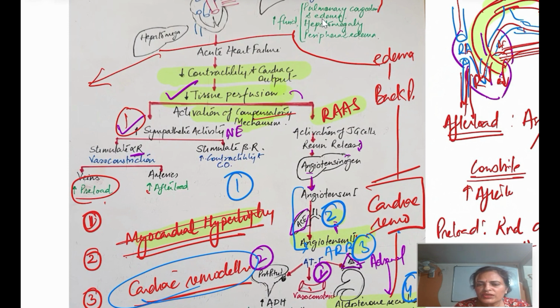If you give the diuretic, the preload on which your cardiac output mainly depends is going to decrease. That is number one. Number two, because of the volume depletion, it is going to activate the RAS system. If this system gets activated, it is going to cause cardiac remodeling and the condition of the person worsens.